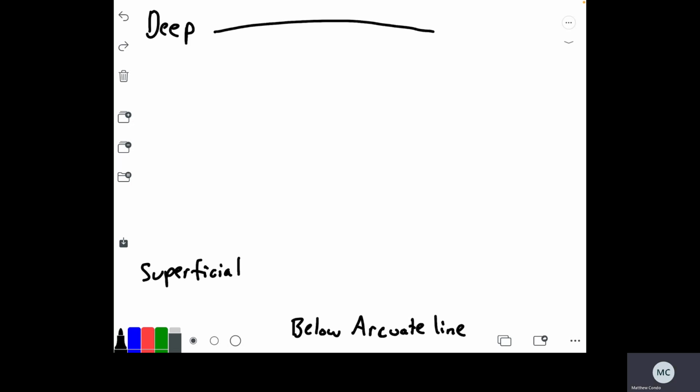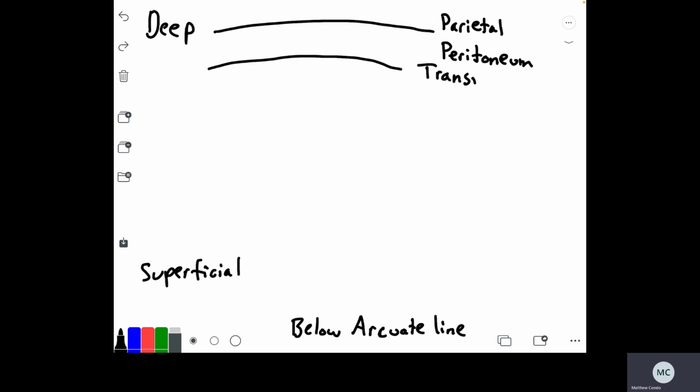We're still going to draw in our parietal peritoneum, our transverse fascia, and our muscle.